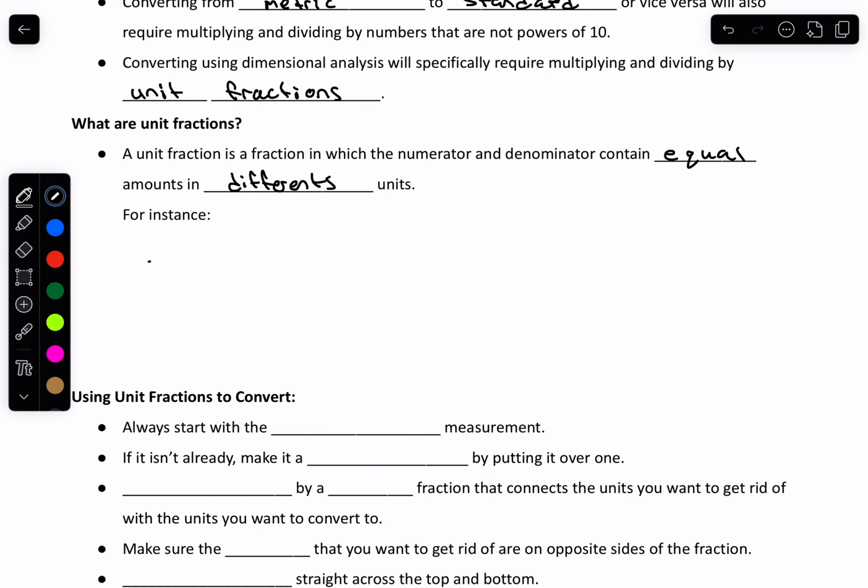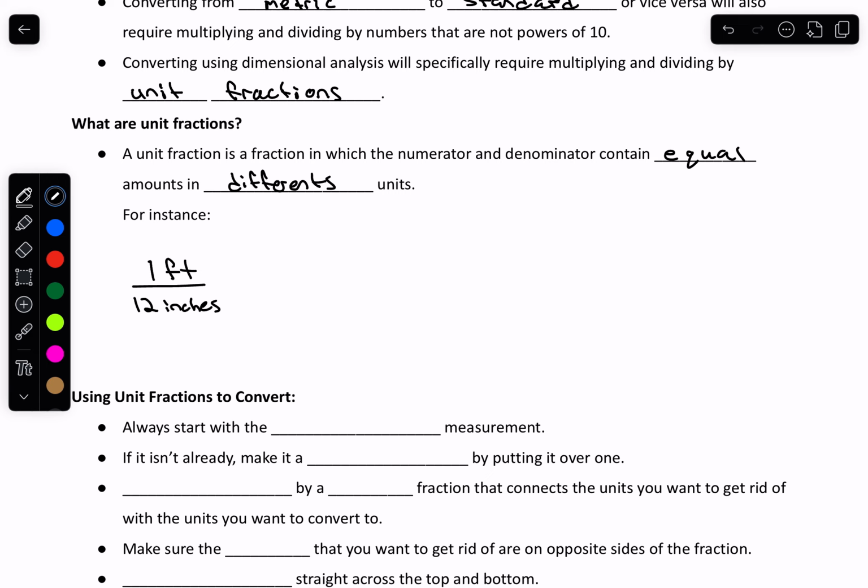So for instance, we might have 1 foot over 12 inches, where we know that 1 foot and 12 inches are the same thing. And so this fraction is actually just equal to 1 because we have equal values on top and bottom, making it a unit fraction.